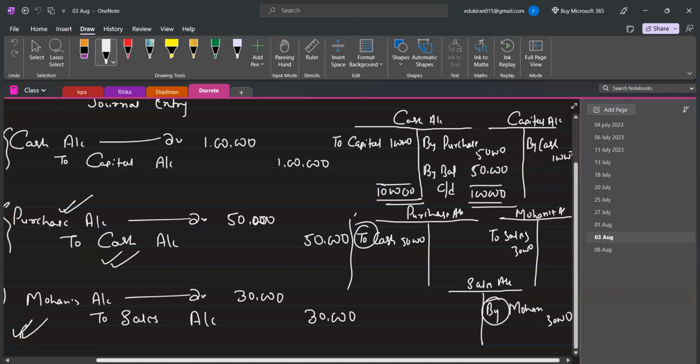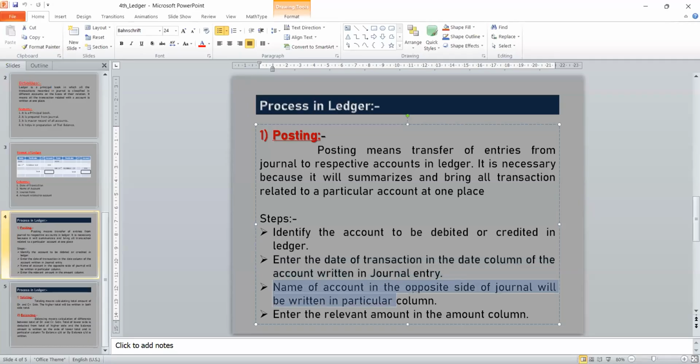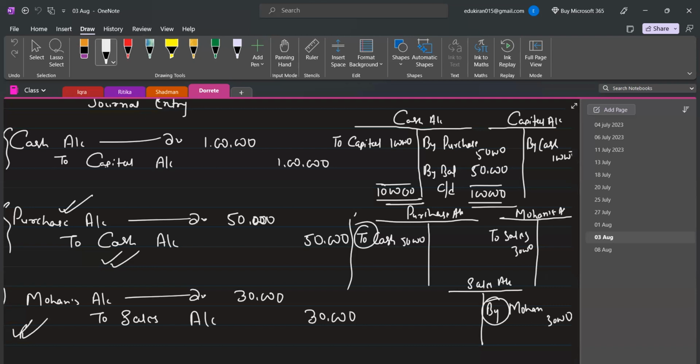The next step is that the name of the account on the opposite side of the journal will be written in a particular column. Now, in this format, the first entry is cash account debit to capital account. So first of all, we have to see which side the cash account is on.